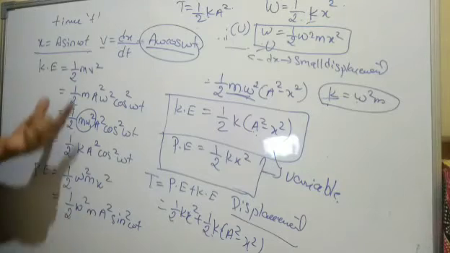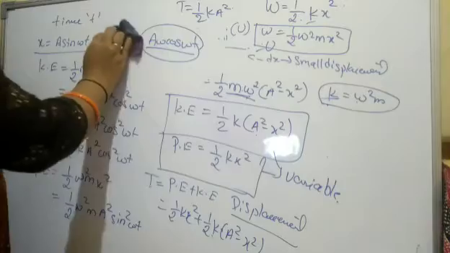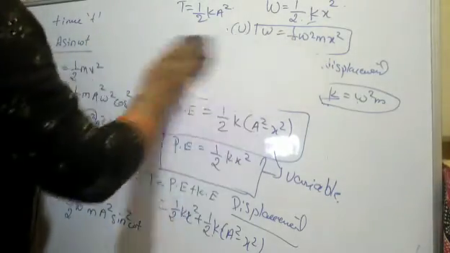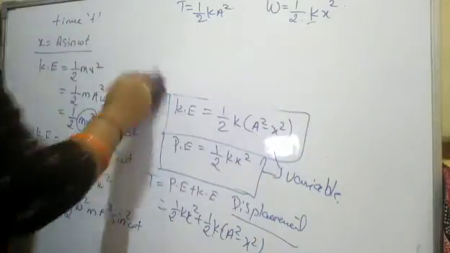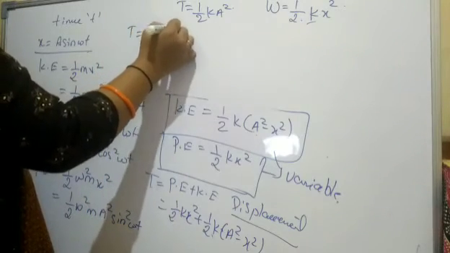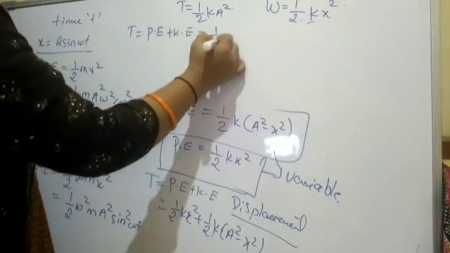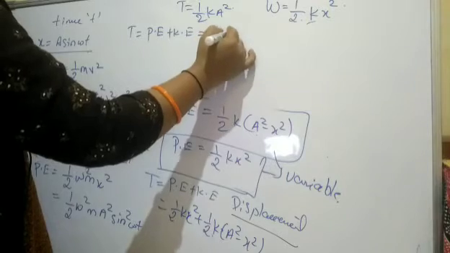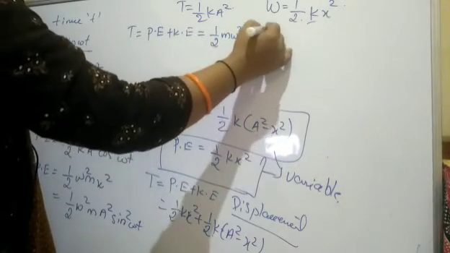So sum of these two. By here only you can guess it. So sum of energy, potential energy plus kinetic energy here. Potential energy we got here, 1 by 2 m omega square a square sine square omega t.